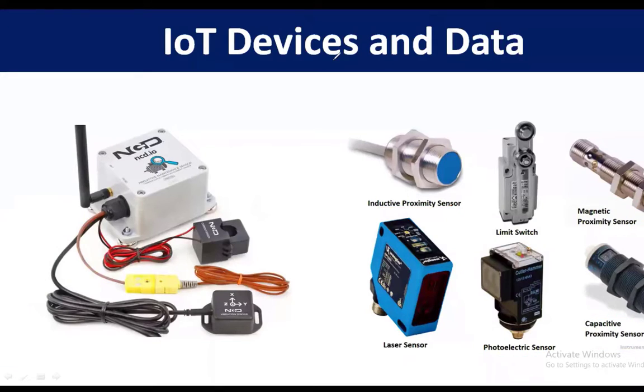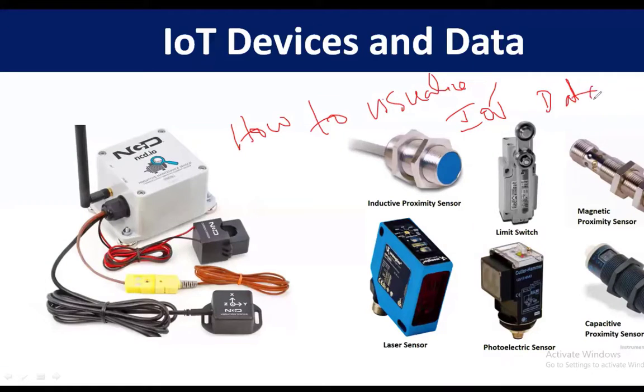What we are going to do now is simple. The objective of this webinar is to give you an overall understanding of how to visualize IoT data using AWS QuickSight.